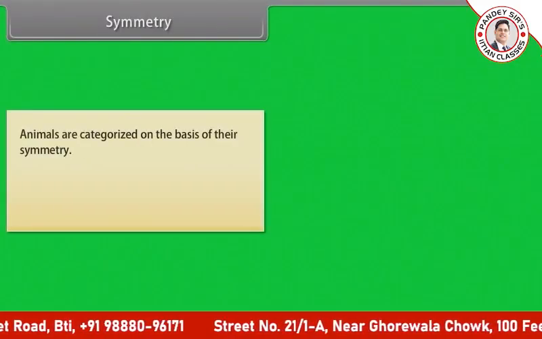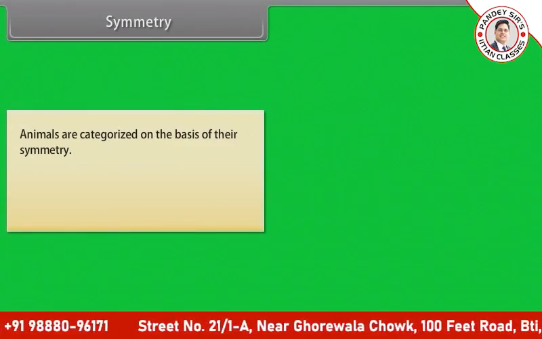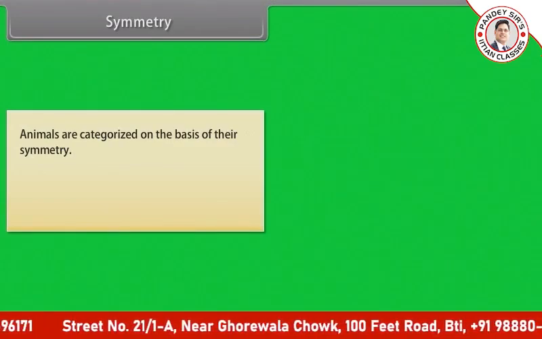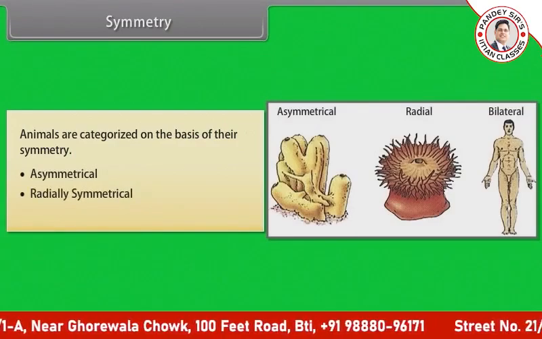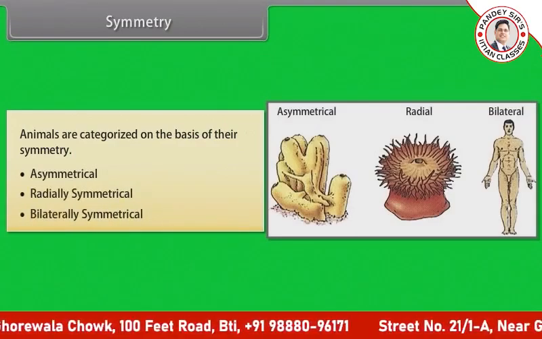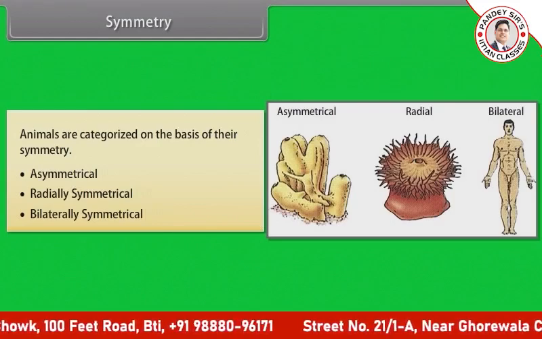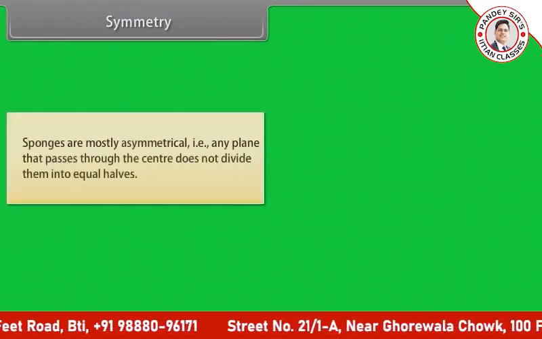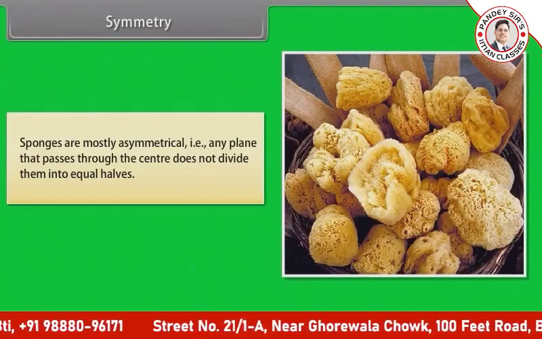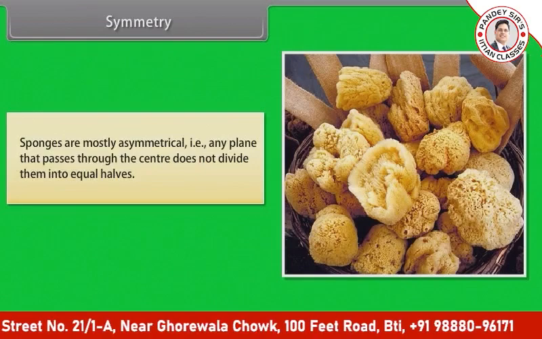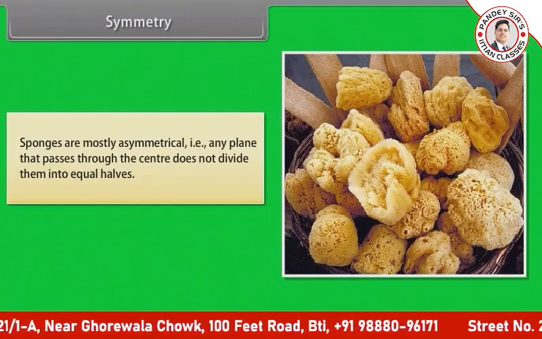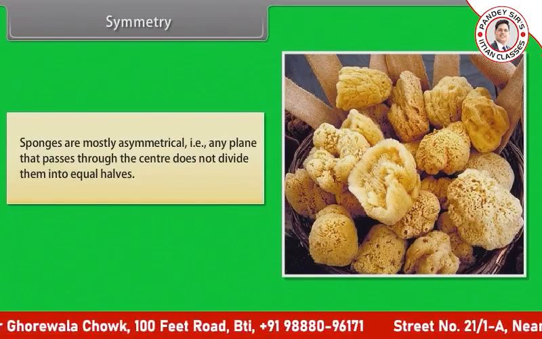Symmetry. Animals are categorized on the basis of their symmetry. They are asymmetrical, radially symmetrical, or bilaterally symmetrical. Let us know them one by one. Sponges are mostly asymmetrical, that is, any plane that passes through the center does not divide them into equal halves.